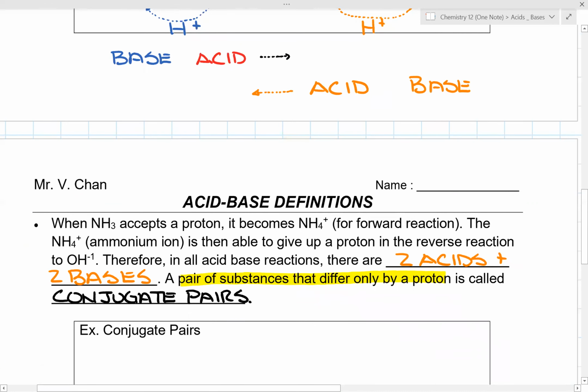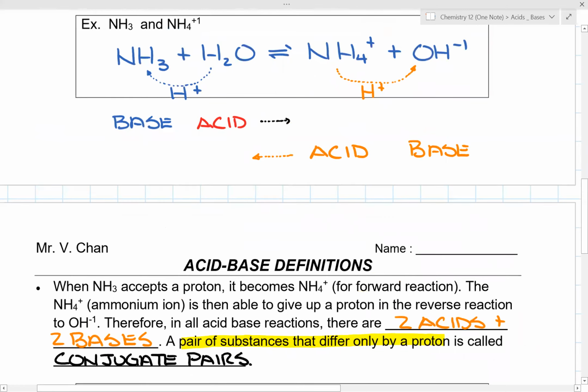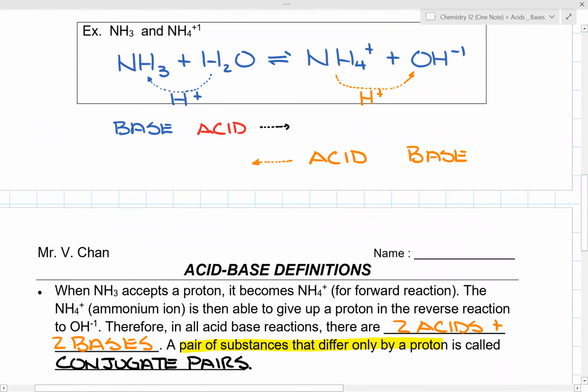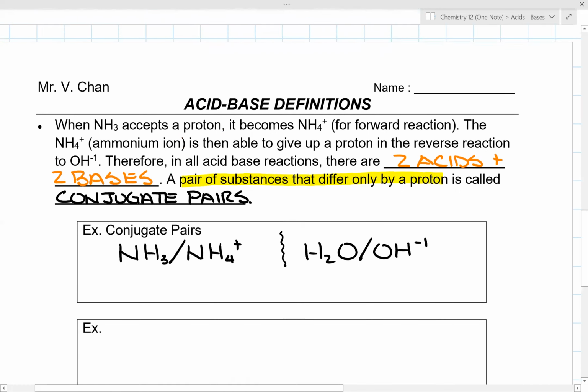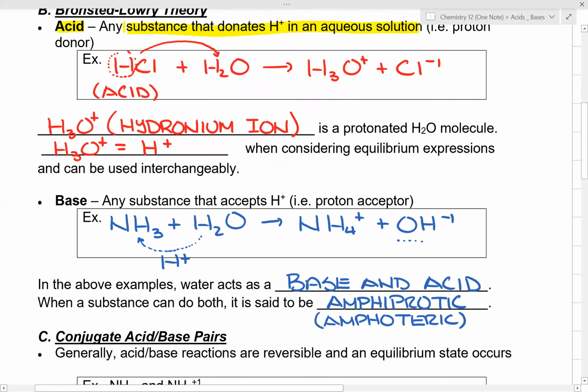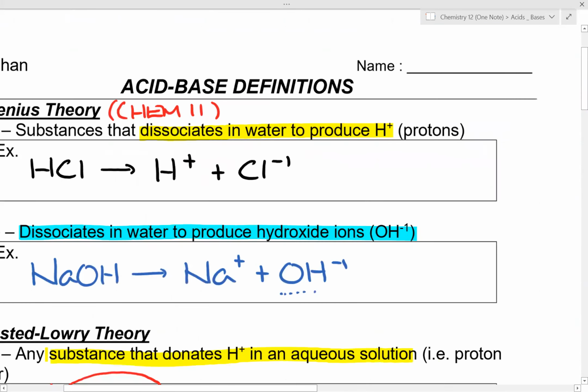So if we were to take a look at this equation, what are my conjugate pairs in this particular case? NH3 and NH4 plus would be a conjugate pair, and H2O and OH minus 1 would also be a conjugate pair because they only differ by a proton. Now, remember what is a proton? A proton is H plus.